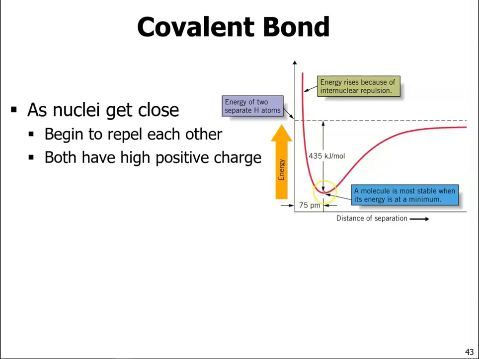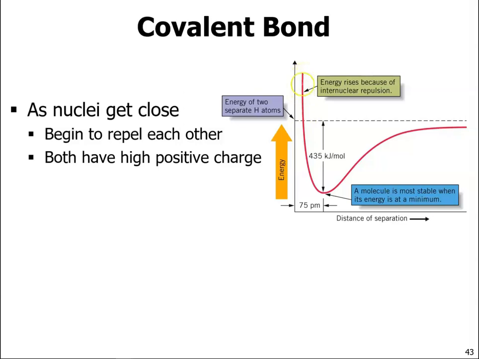If we start to rip them apart, then this requires some amount of energy to pull those electrons away from the other proton. But if we start to push them together too close, then the energy starts to increase because the protons in the two different nuclei start to repel each other. So you can only get them so close.